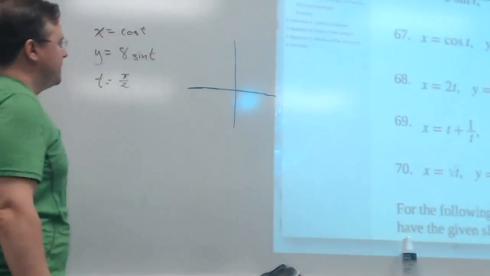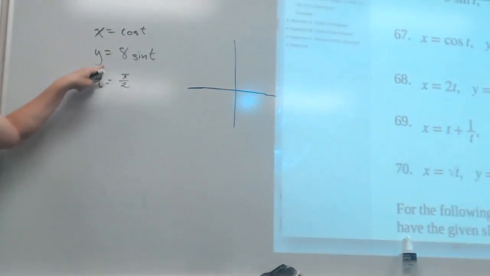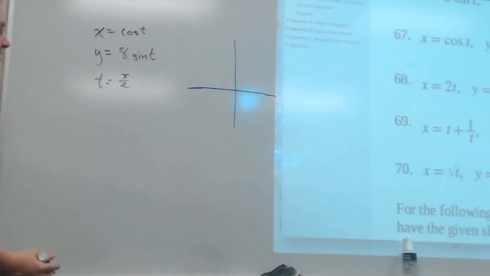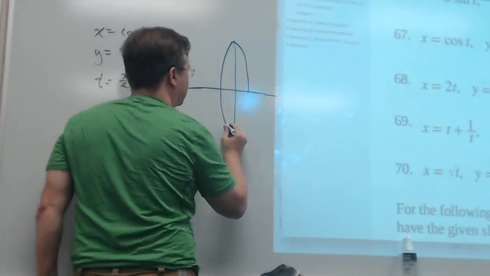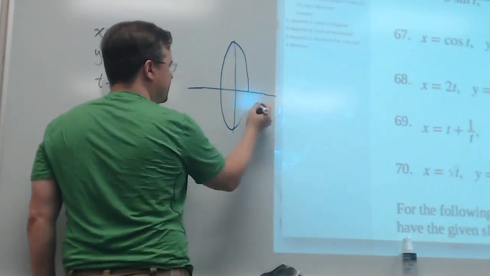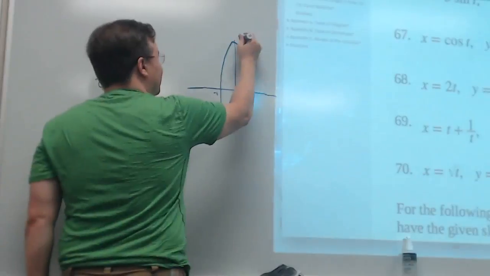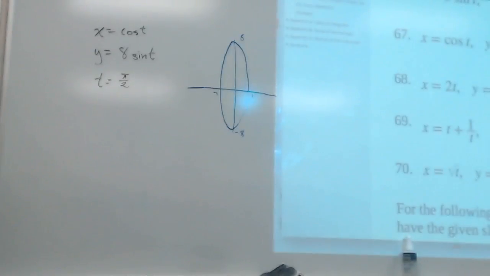This is actually like a transformation on y. I'm literally stretching it in the y direction, 8 times bigger. So this is going to be an ellipse with x-intercepts at 1 and -1, y-intercepts at 8 and -8. We're literally just stretching it vertically.